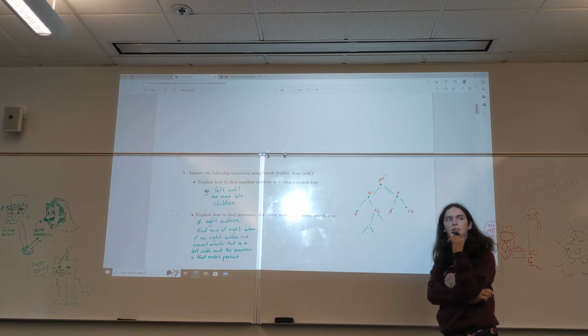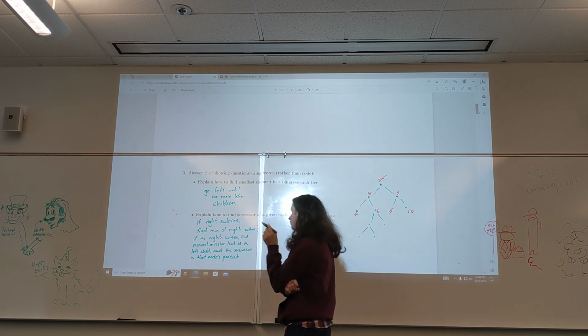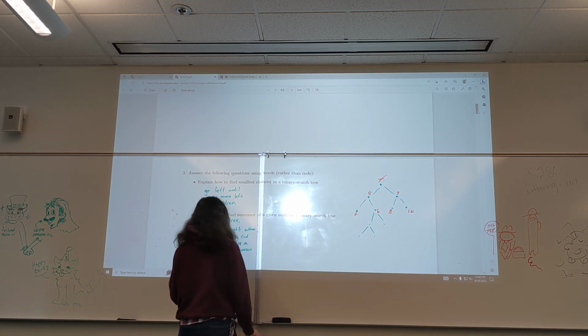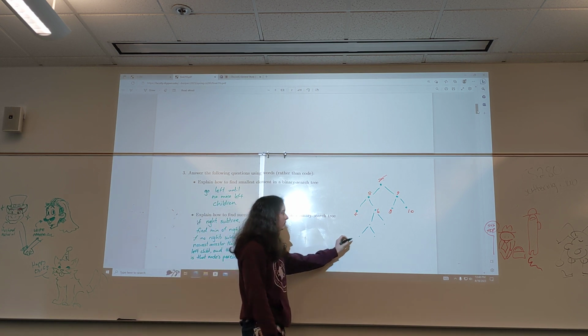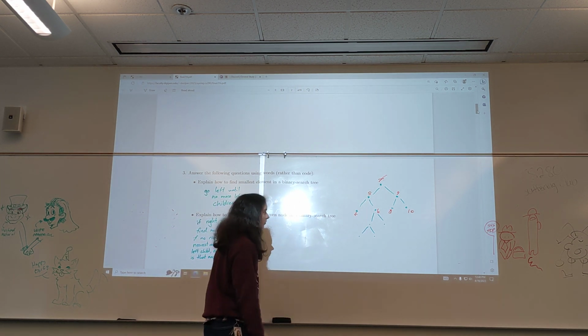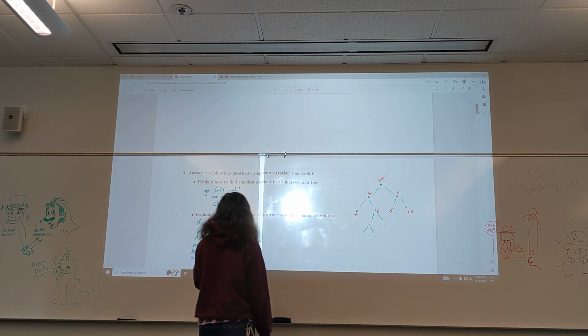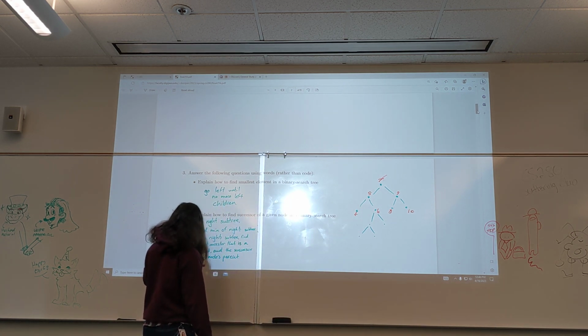You have to start at the node itself and then check to see if it is a left child, then the successor is its parent. Right. So nearest ancestor, including itself. Yeah.